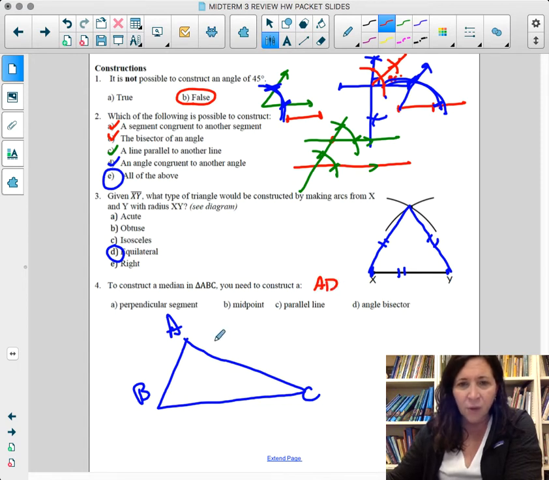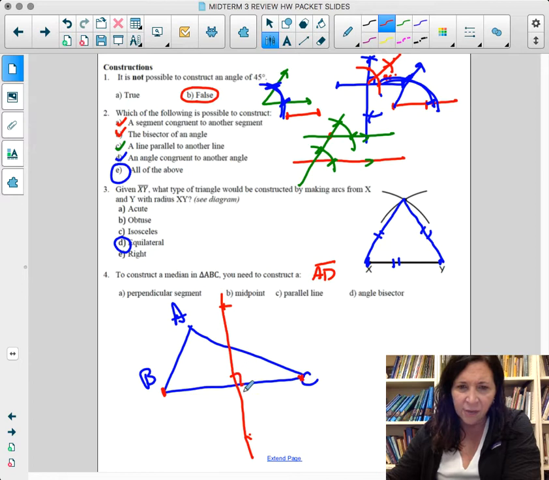In order to do that, I would first need to bisect BC. Doing that, you're going to arc up, arc down. The reason you're doing this is so that you can find this midpoint, and the reason you want to find that midpoint is to connect your vertex A with that point D.